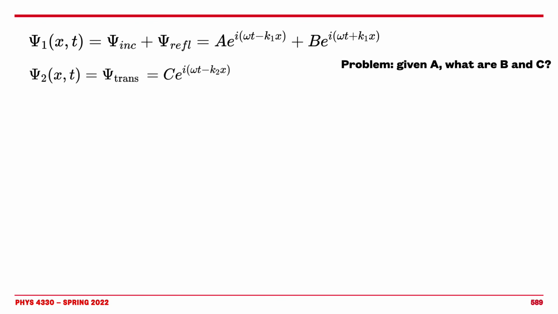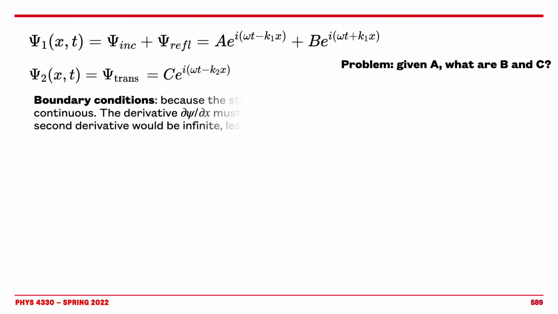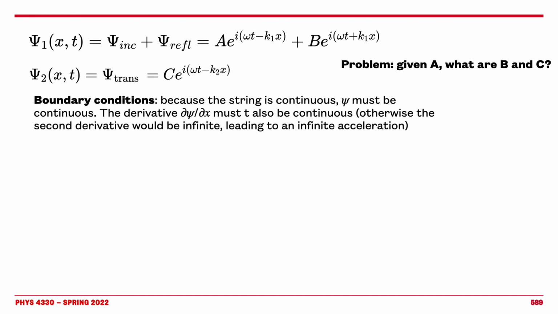Now we have to impose two boundary conditions at the boundaries between the two pieces of string of different densities. So let me take a minute here to explain what the boundary conditions should be. The first boundary condition is that because the string is continuous, there's no discontinuity in the string, the perturbation has to be continuous as well.